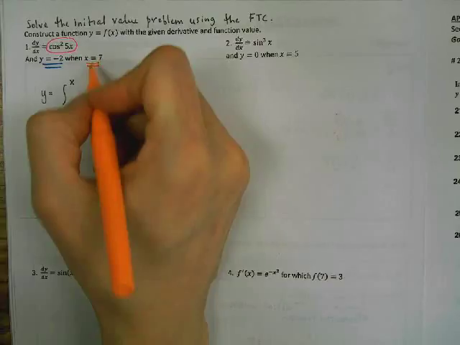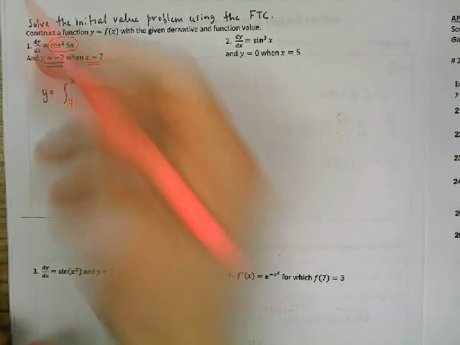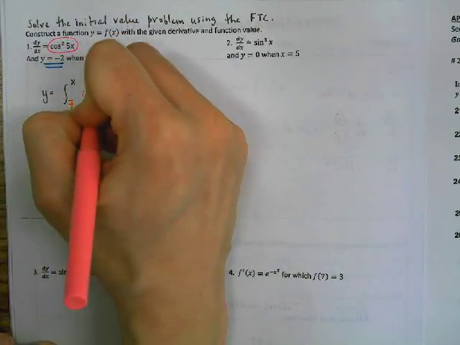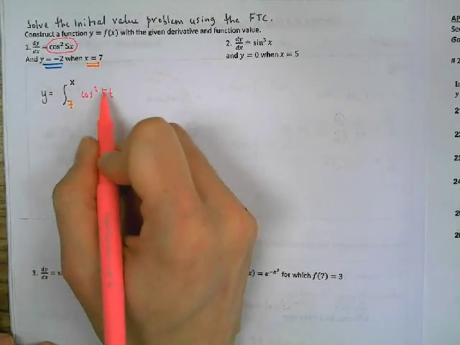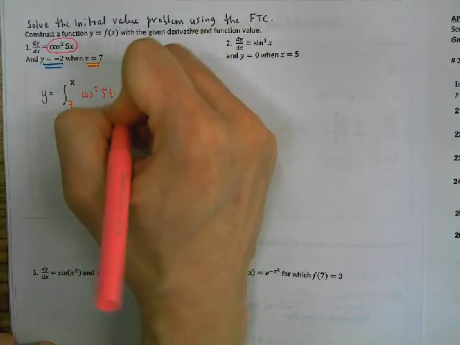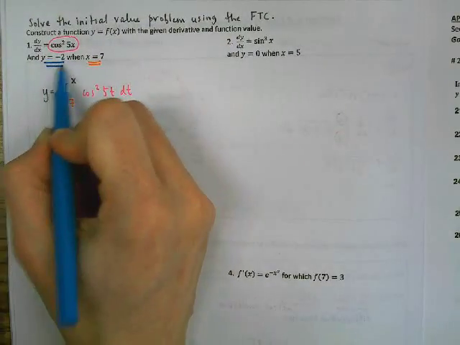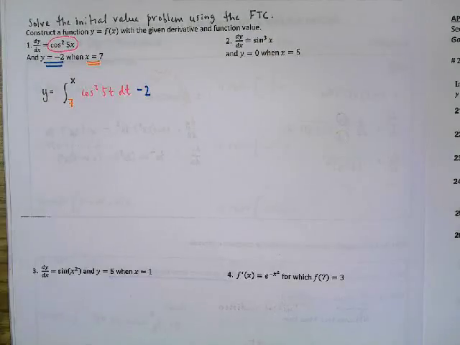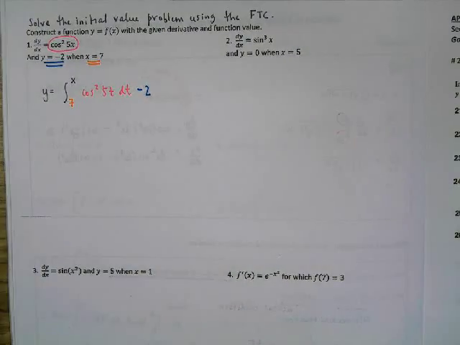We said our lower limit of integration is our x value. My function comes from my derivative here. The only thing I do different is I use my dummy variable of t, so cosine squared of 5t. I use my dt to close that integral. And then my constant comes from my y value, so minus 2. And that's it. That's all you need to do. That would be our function.